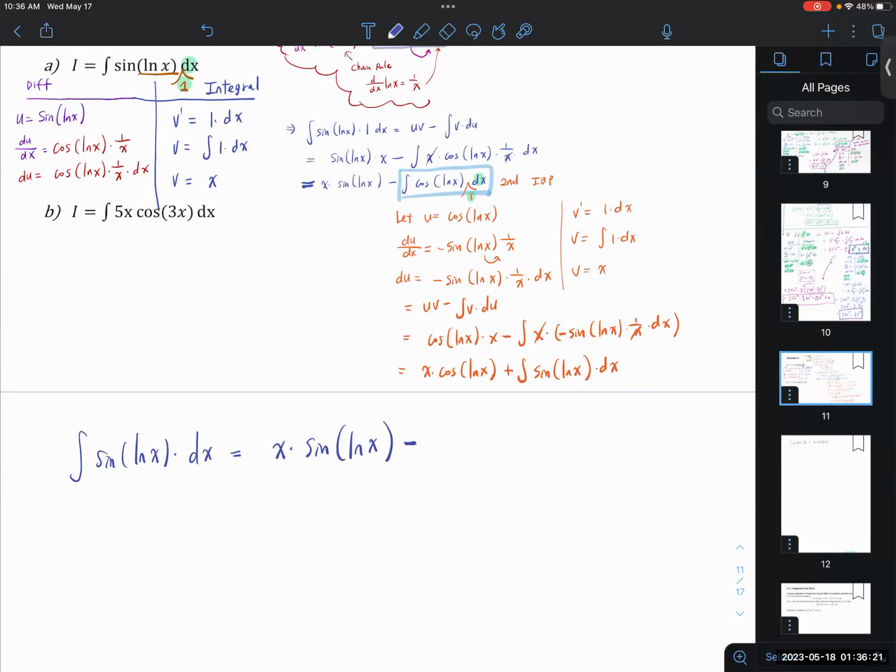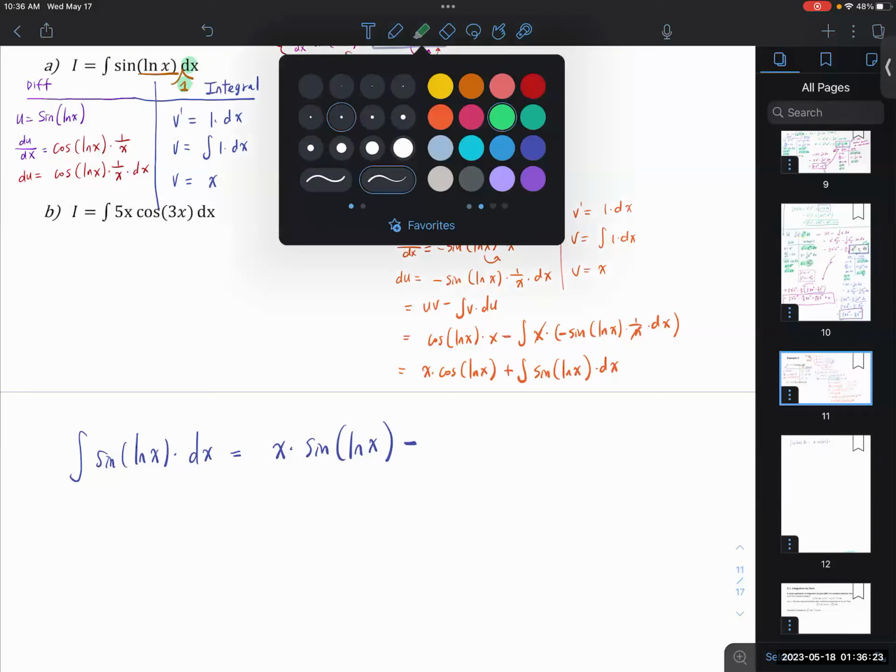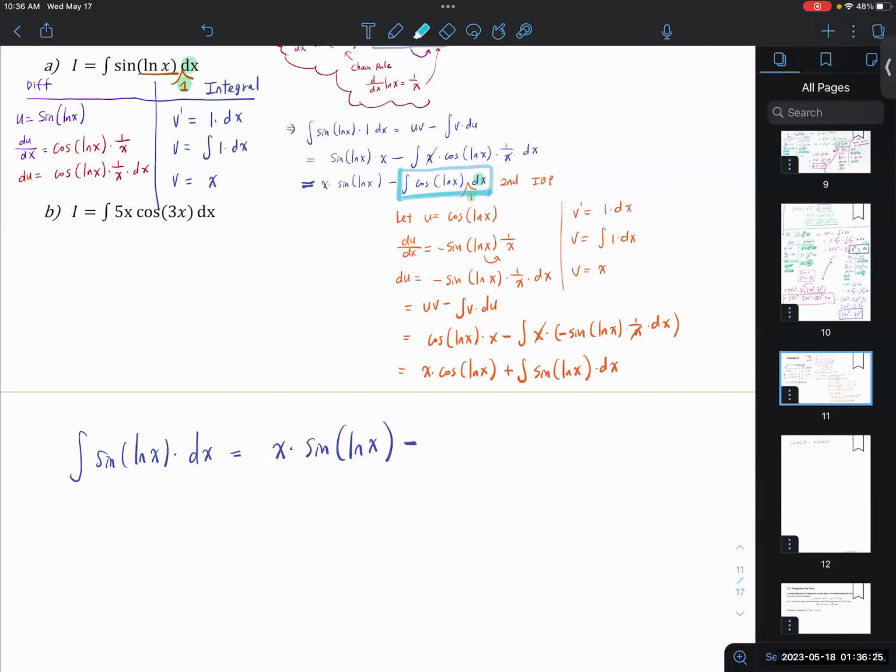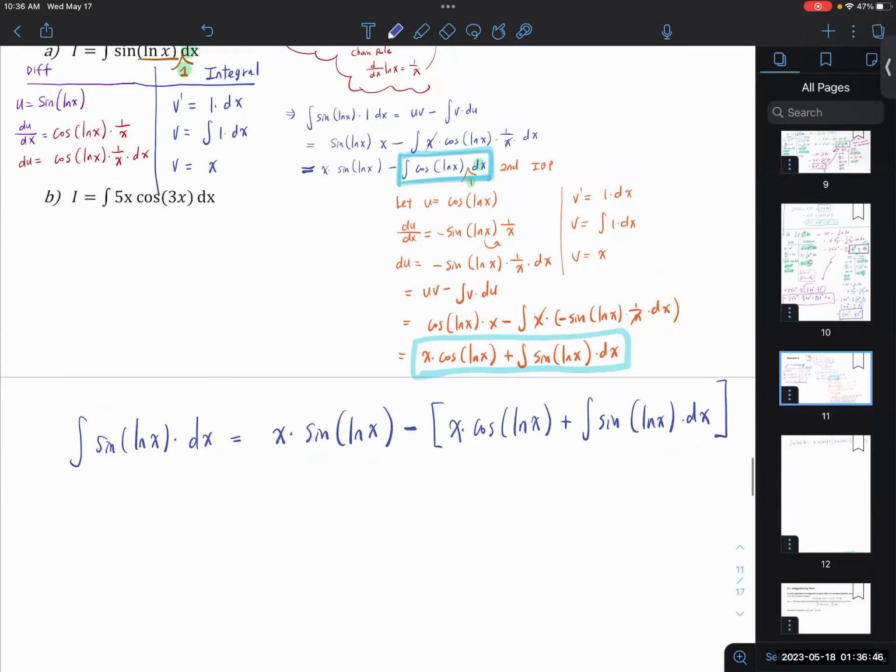And then we found the second IBP outcome right there, correct? So I'm plugging in, subtracting the second IBP: x times cosine ln x plus integral sine ln x dx. Are you following? That was the second IBP I plugged into the original step.